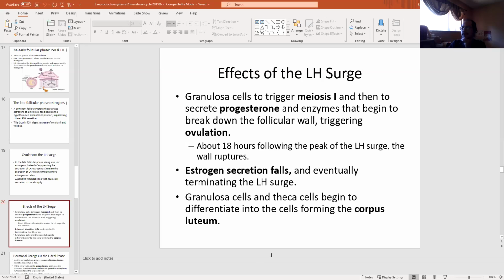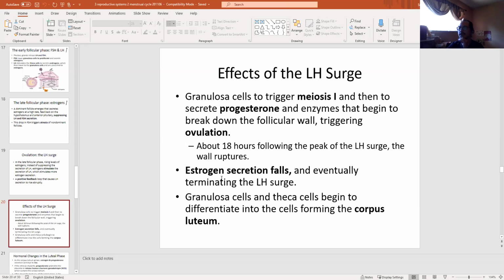And then after the ovulation, the estrogen will decrease. Then the show moves from the follicular cells to the corpus luteum.